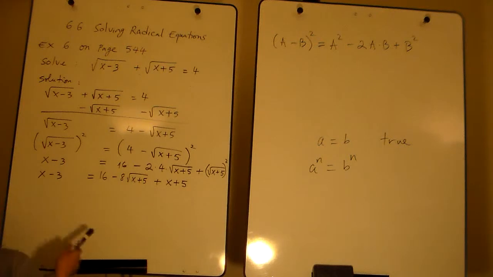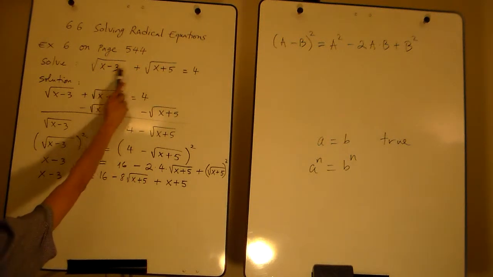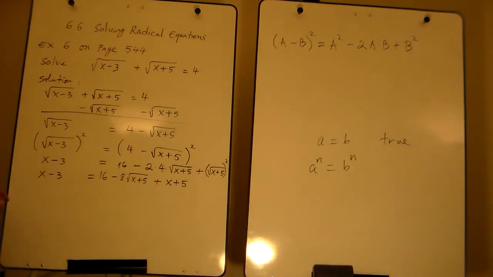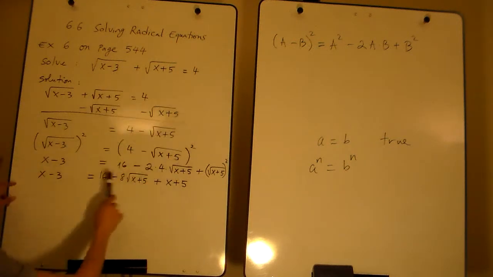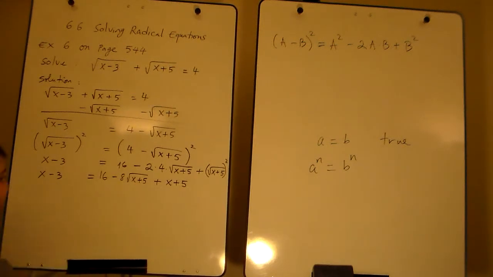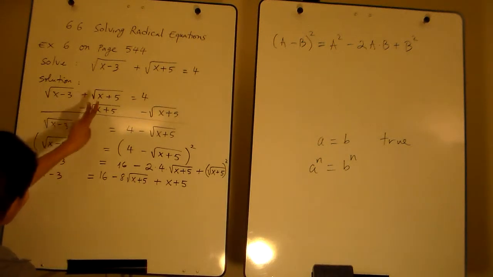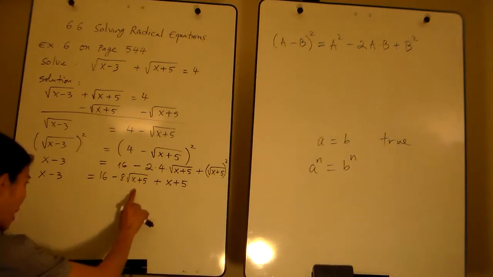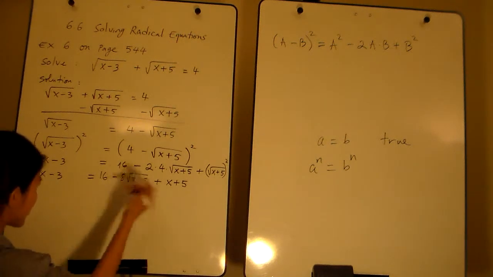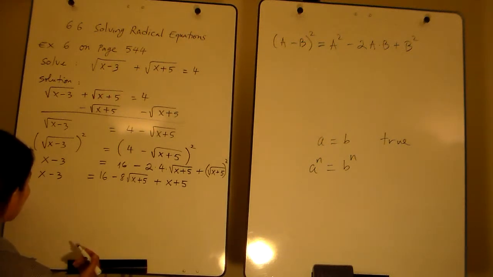We start with two radicals, and using this principle of powers, we're left with only one radical, which is good. That's the plan: we go from 2 radicals to 1 radical, and then from 1 radical to 0 radicals.